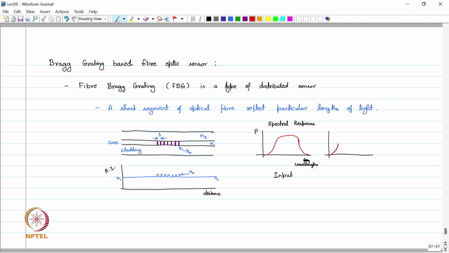So at the receiving end we receive all the wavelengths except the one which is reflected back by this grating. So this is the transmitted spectrum.